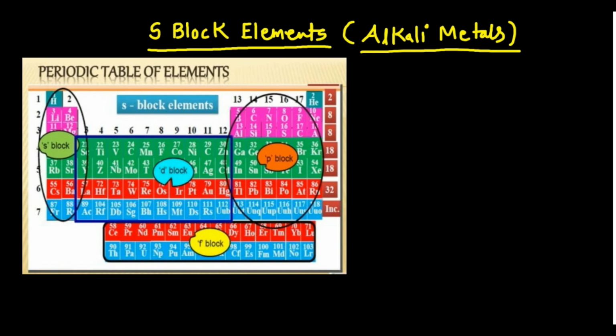Because the P orbital can maximum accommodate 6 electrons, which gradually fill. That's why the P block elements have 6 groups. You can understand the things like that only.